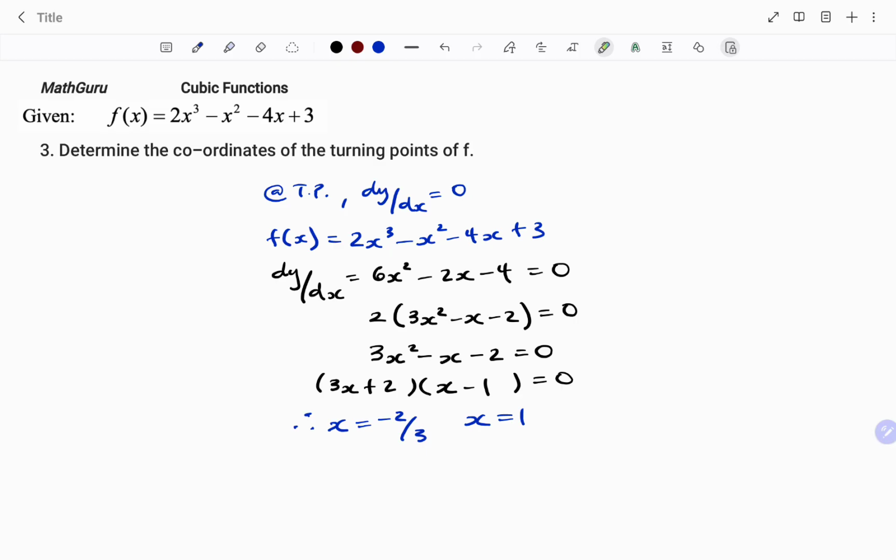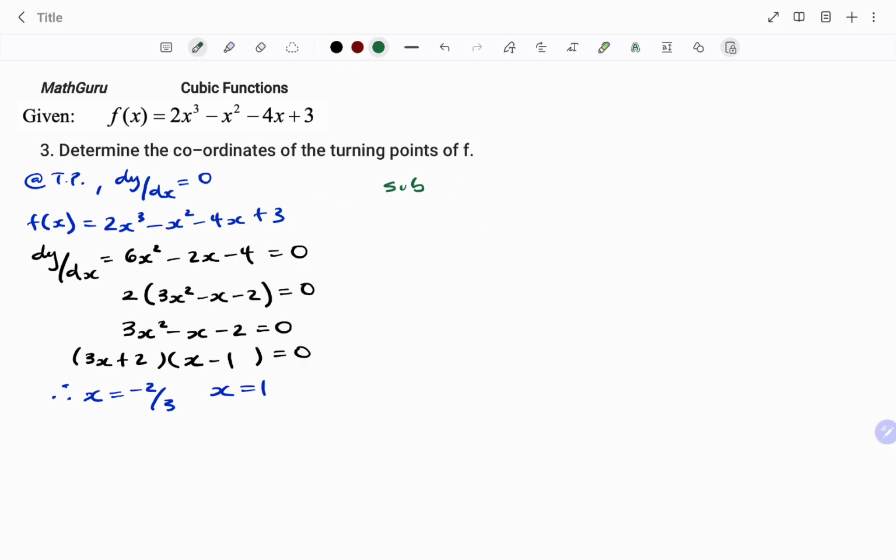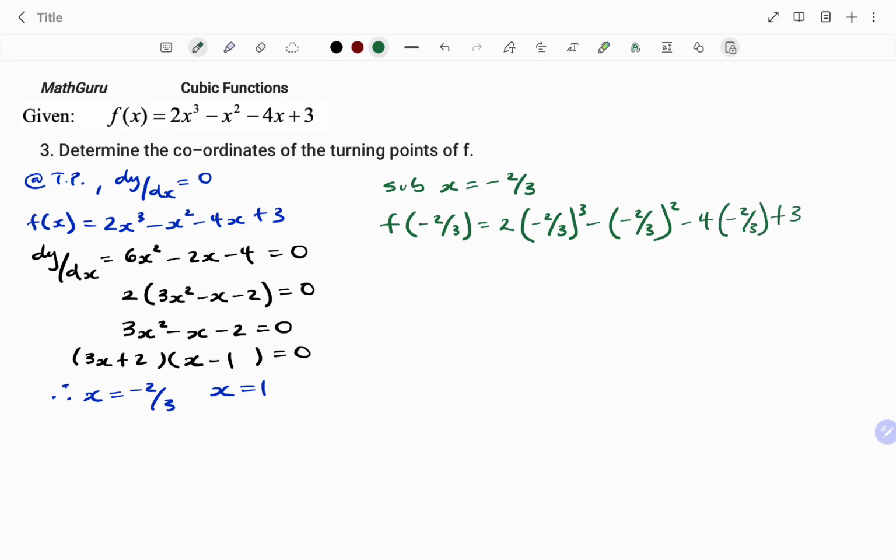My first step, I'm going to substitute x equals negative 2/3 into my function. So f of negative 2 over 3 will be 2 times negative 2 over 3 all cubed, minus negative 2 over 3 all squared, minus 4 times negative 2 over 3, plus 3.